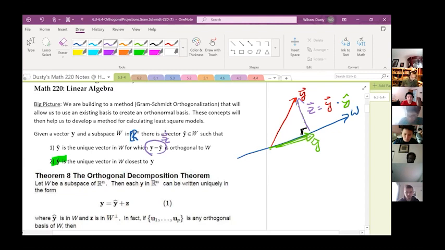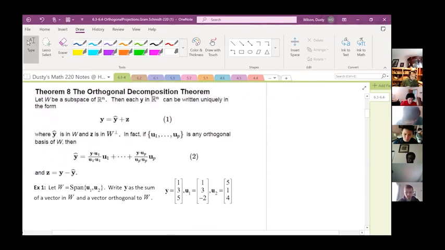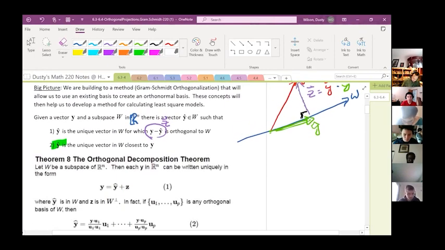So let's look at this theorem. Theorem 8, the orthogonal decomposition theorem. If we let W be a subspace of Rn, then each Y in Rn can be written uniquely in the form Y equals Y hat plus Z. Let me keep the picture up.